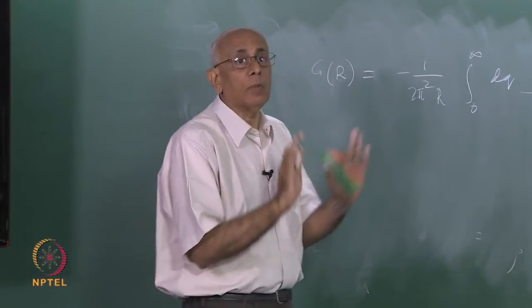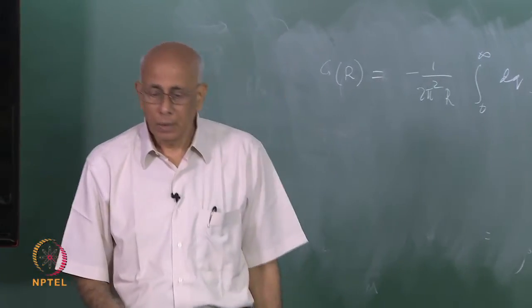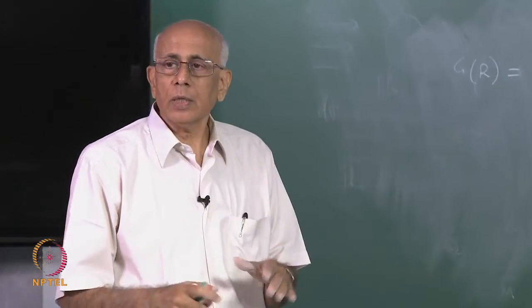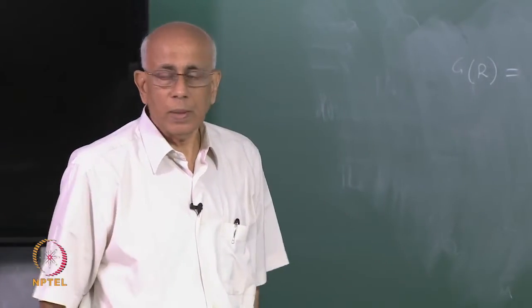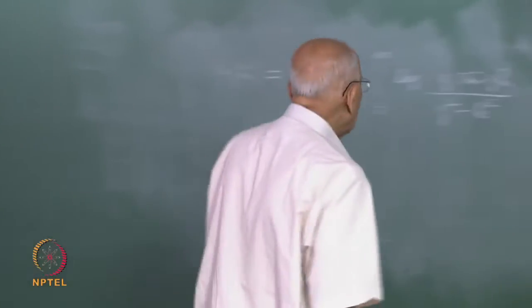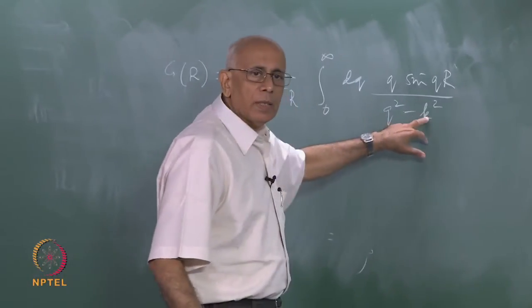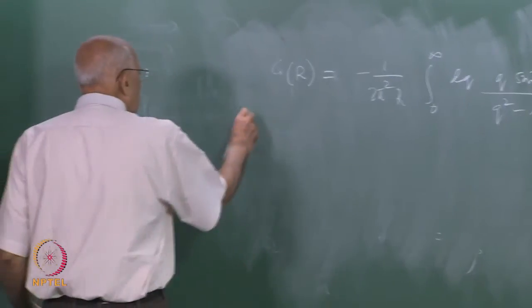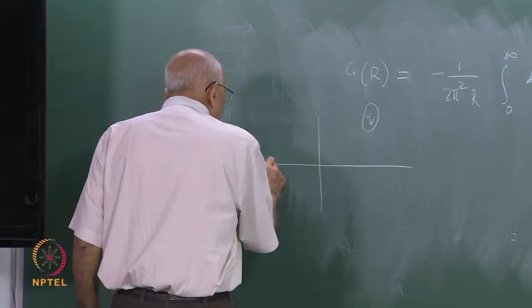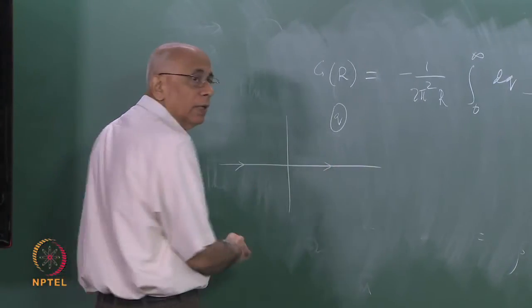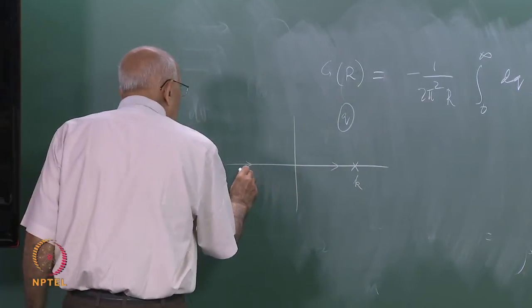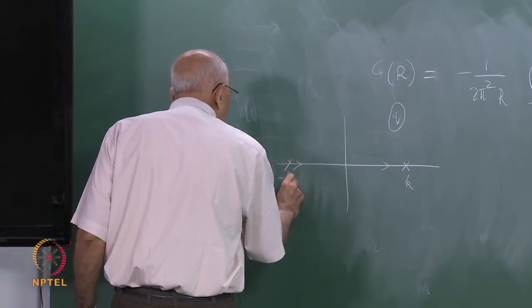As it stands formally infinite. But now what is it I am looking for? I am looking for a solution which corresponds to outgoing waves. I am looking for something which goes like e to the i k r. Clearly there are poles at q equal to plus or minus k. So if I look at the contour in the q plane, the integral runs from minus infinity to infinity, but there is a pole sitting here at k and another pole sitting here at minus k.